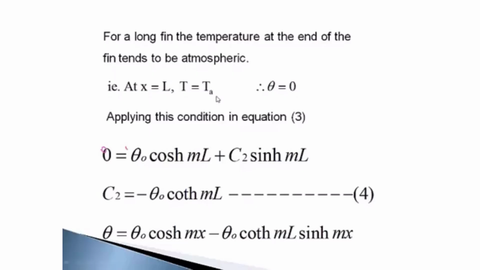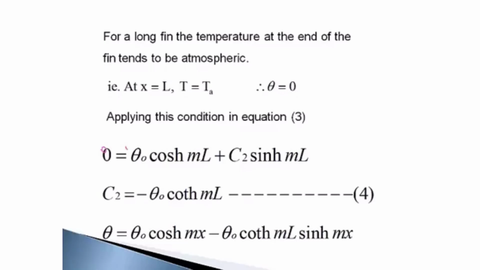Because it's a long fin, when the heat is conducted through the fin, most of the heat is dissipated from the surface. When it comes to the end, the temperature has become almost room temperature, and the end part of the fin is not doing much in dissipating heat.